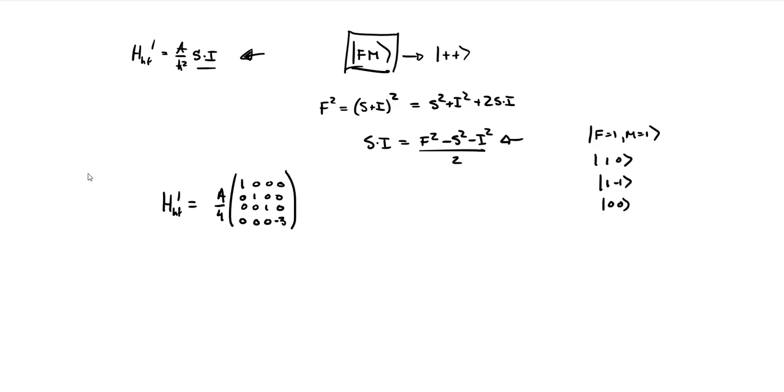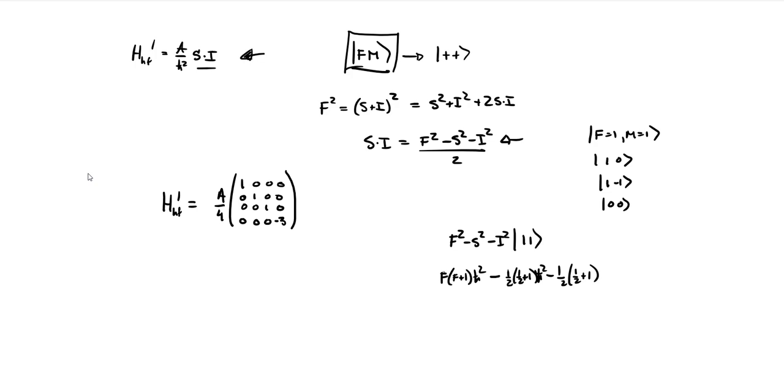And you can get that just, to be clear, what is F squared minus S squared minus I squared acting on, say, our 1, 1 state, right? Well, this gives the eigenvalues. F squared has the eigenvalue of F times F plus 1 times h bar squared. Minus S squared is going to be minus 1/2 times 1/2 plus 1, same thing, h bar squared, minus 1/2 times 1/2 plus 1 for the nuclear spin, because those are both spin 1/2 systems.